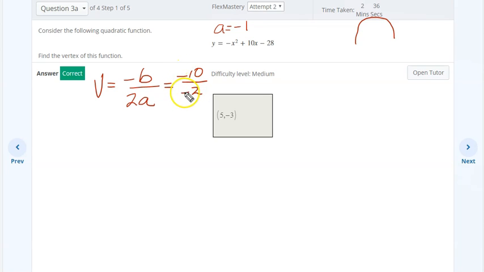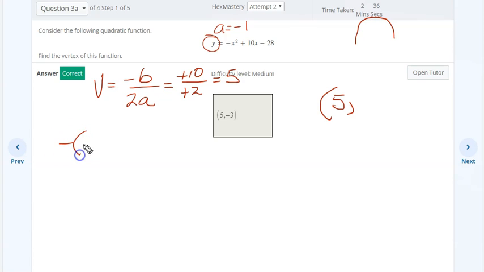A negative divided by a negative makes this a plus, and this is going to equal 5. So our vertex for the x value is 5. Now we're going to take the 5, put it into this equation to find out what the y value is, and you would do that through substitution.